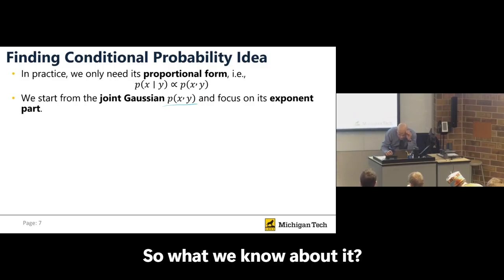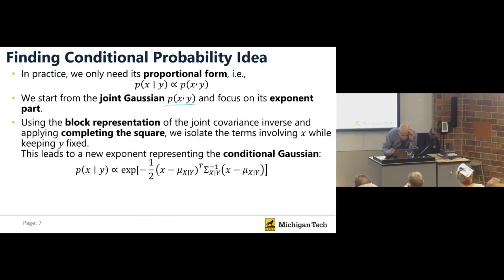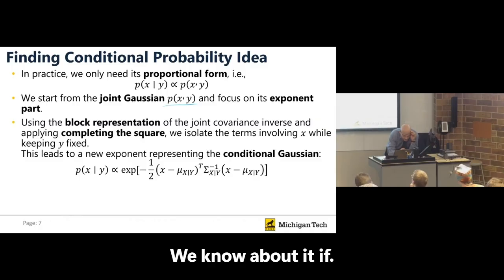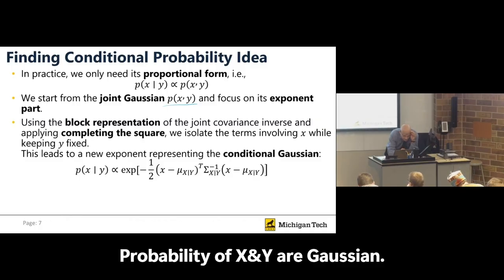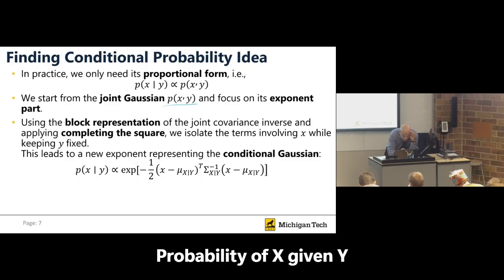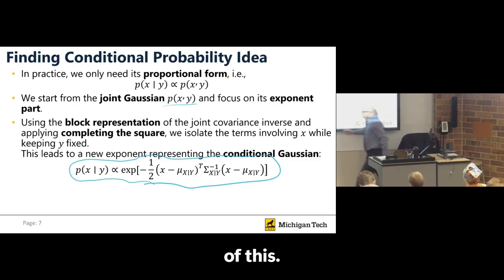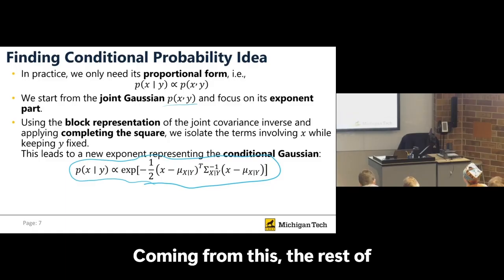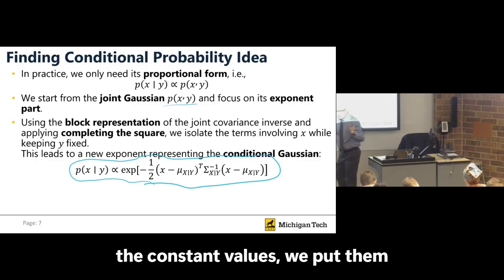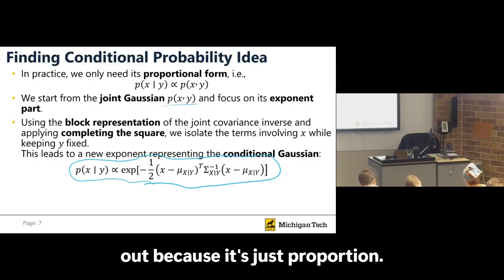If the probability of x and y is Gaussian, the probability of x given y is also Gaussian. In this case, the proportion comes from x; the rest of the constant values, we put them out because it's just proportion.